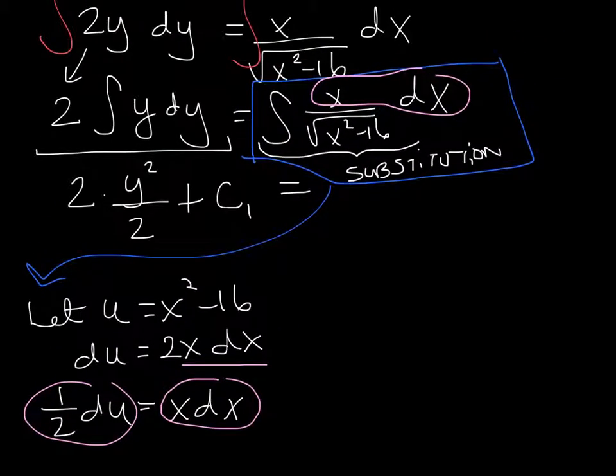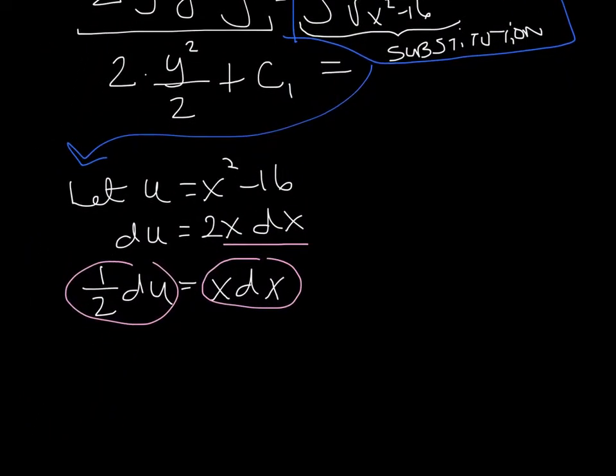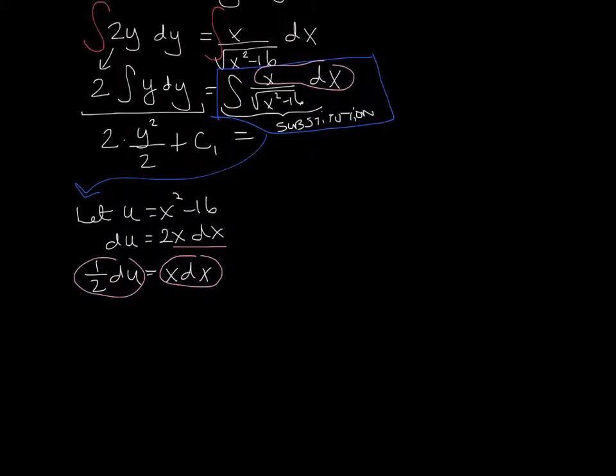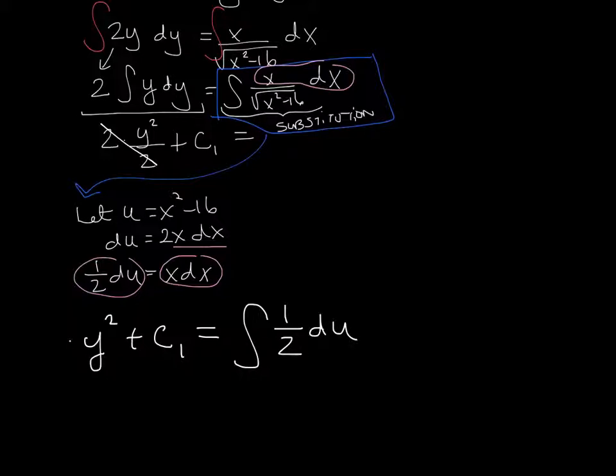And what else do we have? We have the 1 over that radical function. Let me make this a little smaller so you can see. The left side is just y squared plus c1, and that's going to equal the integral of x dx, which is 1/2 times du, and then we have 1 over the square root of u, because that's what I let u be, x squared minus 16.